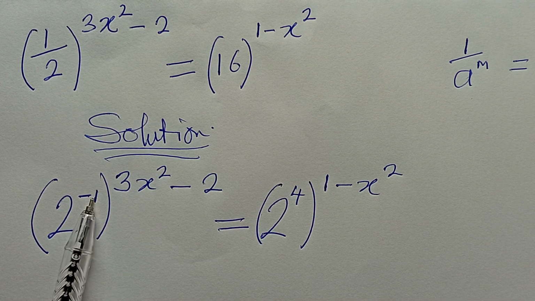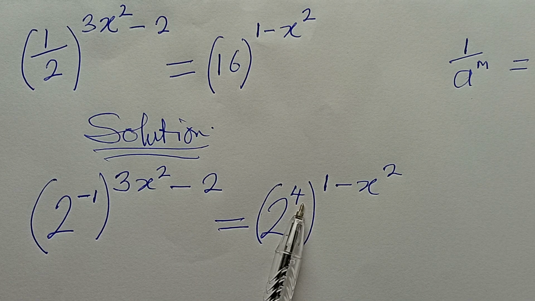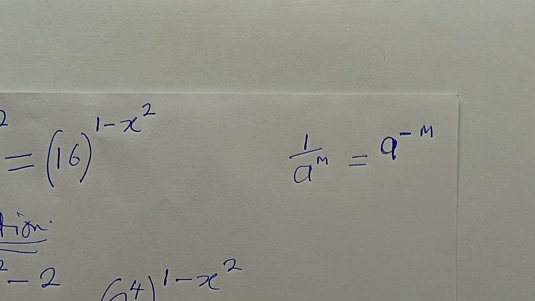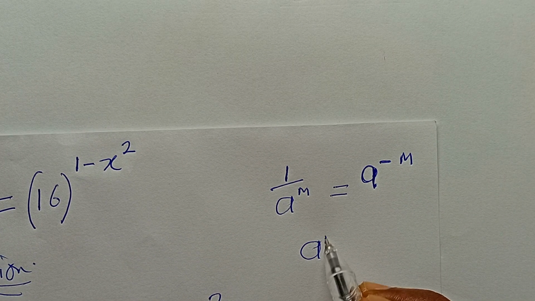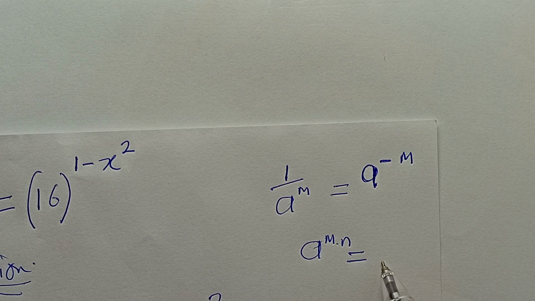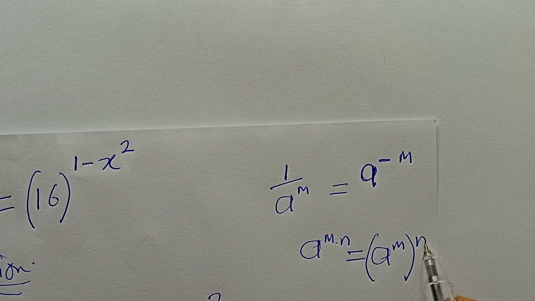Now we can use this power to open up everything we have here, and also use this power to open up everything here. Apply another law in indices which says that e to the power of m times n is the same thing as (e^m) raised to n.